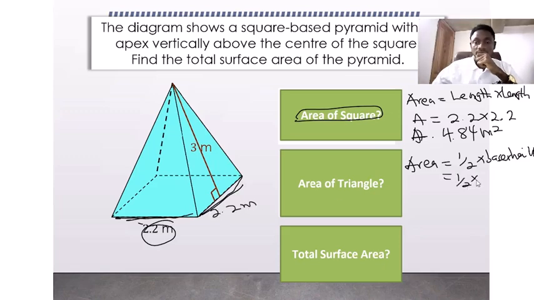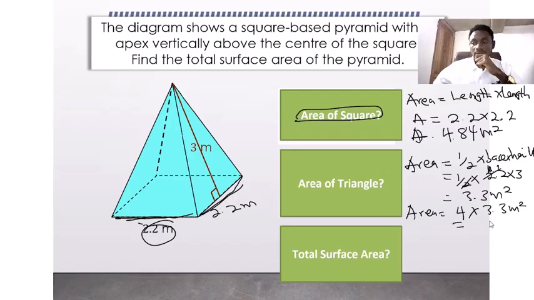So half times 2.2 times the height, which is 3. Half of 2.2 gives us 1.1, and 1.1 times 3 gives us 3.3 meters squared. So the area for one of the triangles is 3.3 meters squared. And since the triangles are 4, the area for the 4 triangles will be 4 times 3.3 meters squared, and that will give us 13.2.